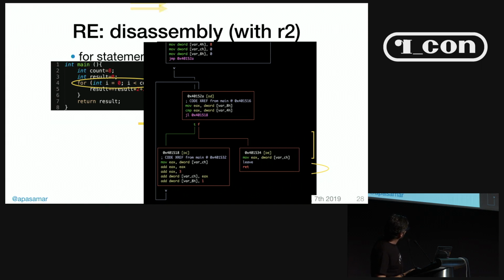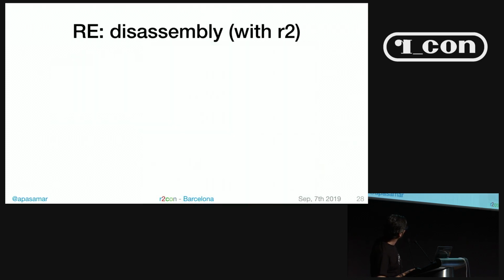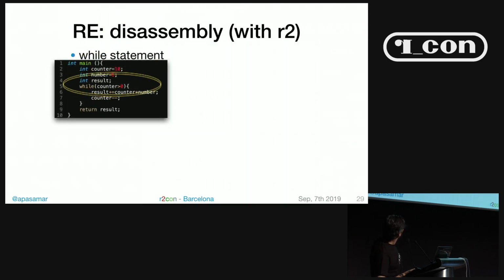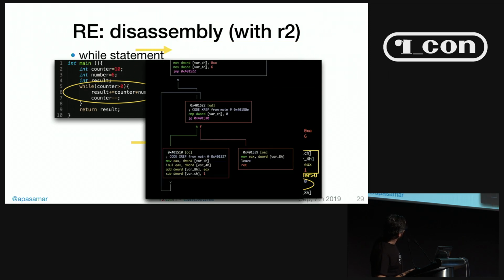Much easier to see it here, but it's very interesting to recognize this kind of loops, typical from the for, while, and do statements. The same with while, etc. We will see it better here in the visual mode.